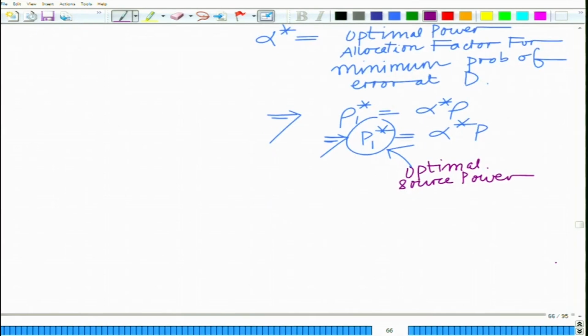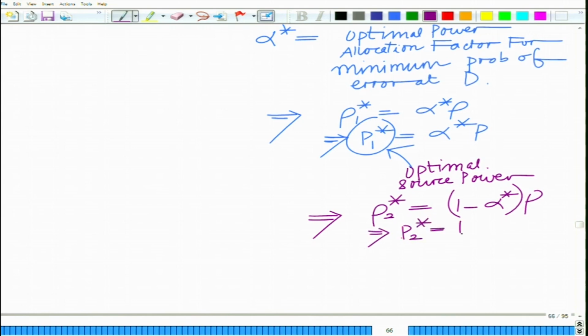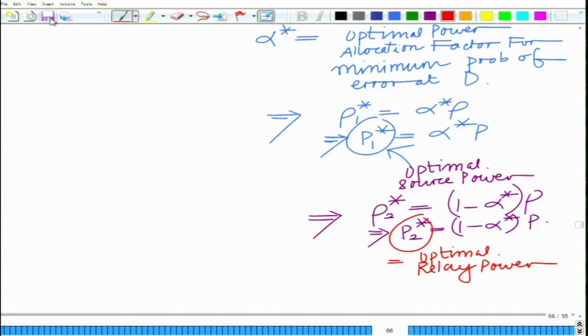And this also implies rho 2 star equals 1 minus alpha star into rho, implies P2 star equals 1 minus alpha star into P, and what is P2 star? This is equal to optimal relay power.